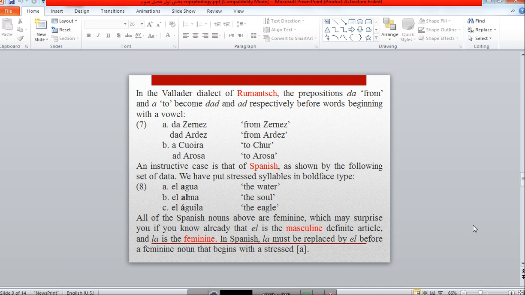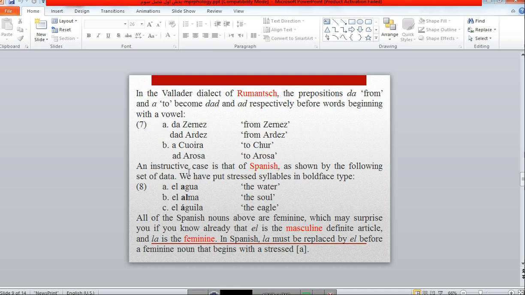Here you see we have an epenthesis again. We have here da zerne, this is okay, but when we have da or des, we have two vowels near each other, a and a, we put some consonant here and we call it dad or des. So this is again a kind of epenthesis.